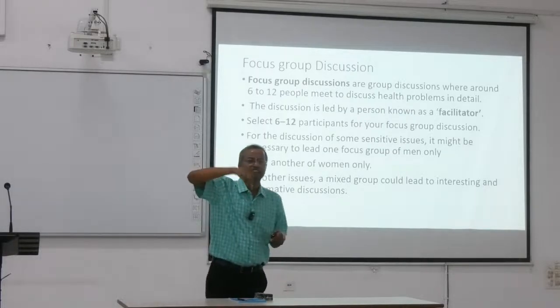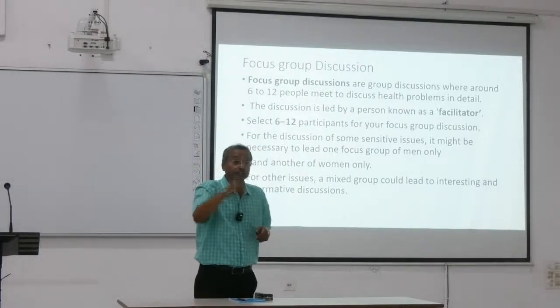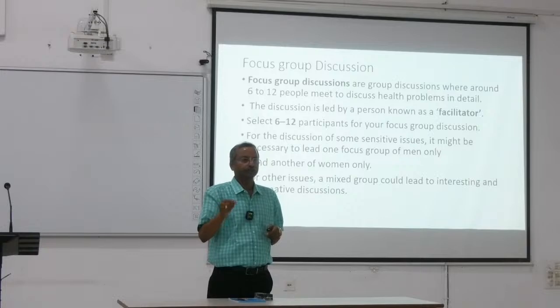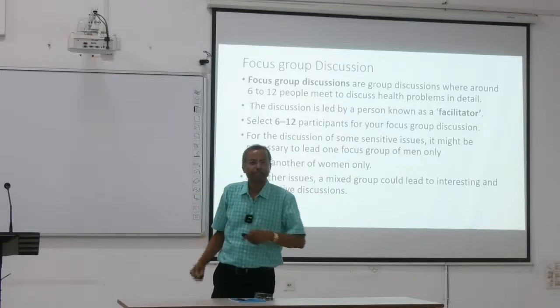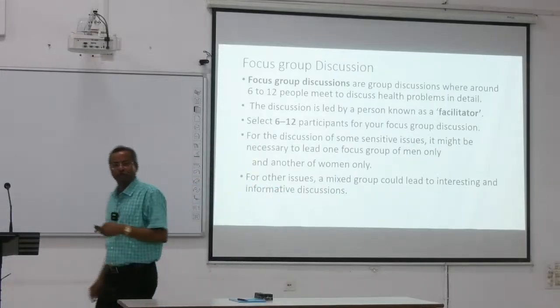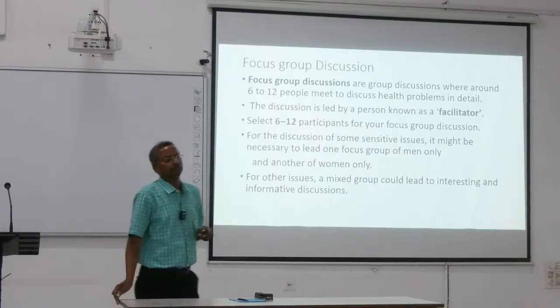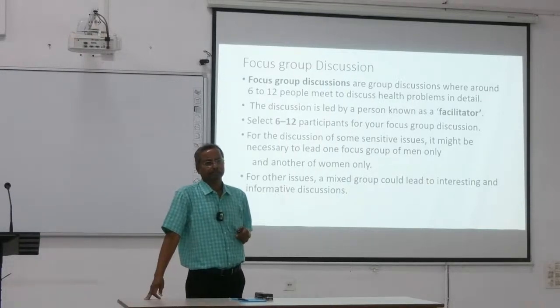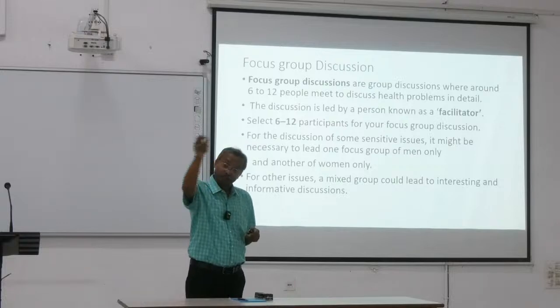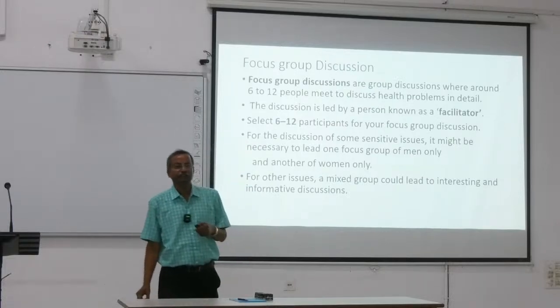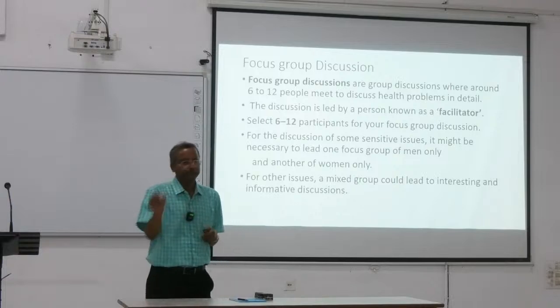FGD, focus group discussion, concerns or focuses on particular topics. Your topic is the health problems in the community. How many participants will be there? Minimum 6, maximum 12. Who will be your participants? The representatives of the community will be your participants.